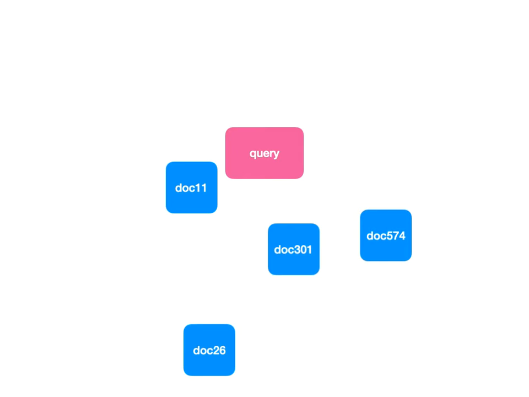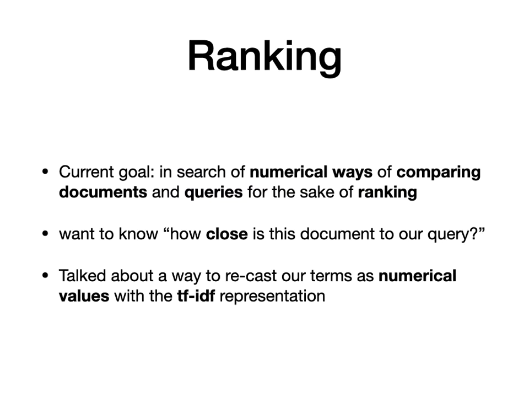Our top results so that the user can get on with evaluating their search on their own. So we're trying to find numerical ways of comparing documents and queries so that we can get this ranking going. And we want to know the vibe: how close is the document to our query?